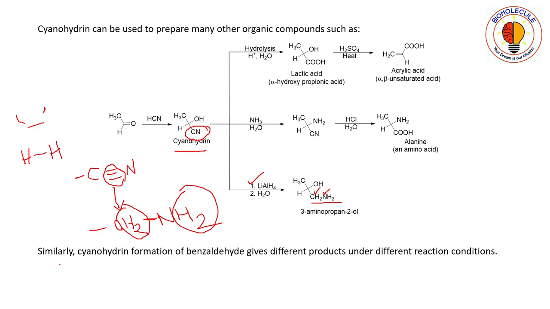Okay. Similarly, cyanohydrin formation of benzaldehyde gives different products under different reaction conditions. That means if we exchange this methyl group with a phenyl group, we get benzaldehyde. And further treatment of benzaldehyde with hydrogen cyanide in presence of a base gives a cyanohydrin which will undergo these reactions.